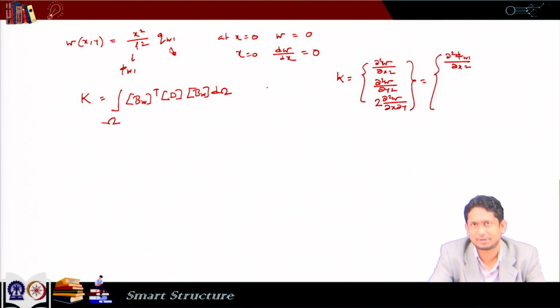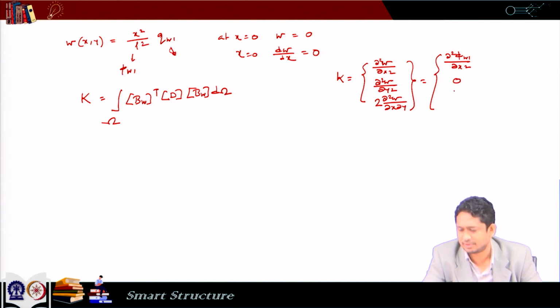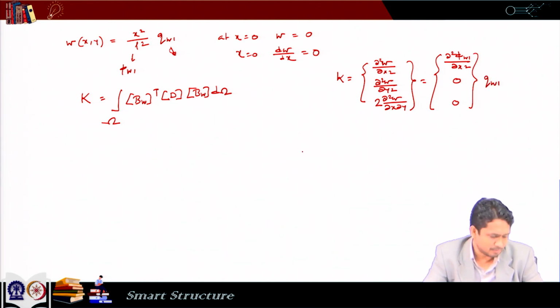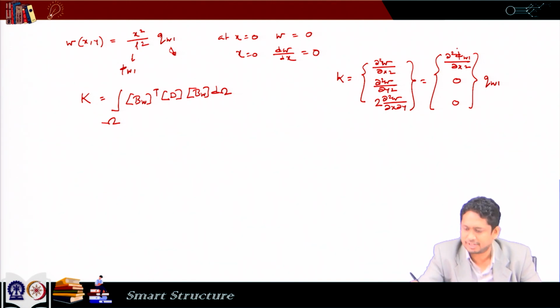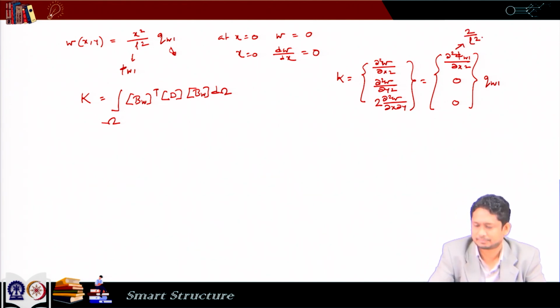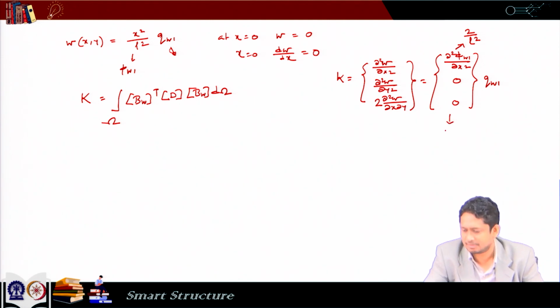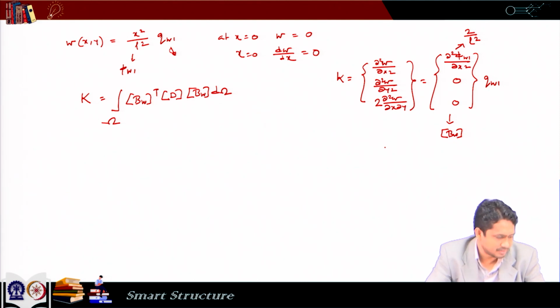So, bending is with respect to only the y axis, and this quantity is 0 and this quantity is 0, and this is equal to phi W1, and also del 2 phi W1 by del x 2 is, if I just differentiate it twice, it becomes 2 by L square, and this is our BW matrix we can say.